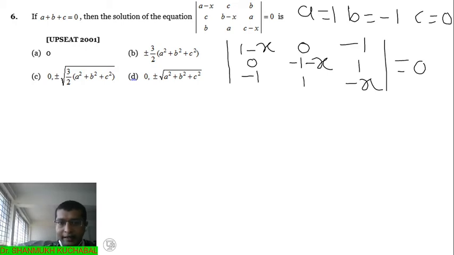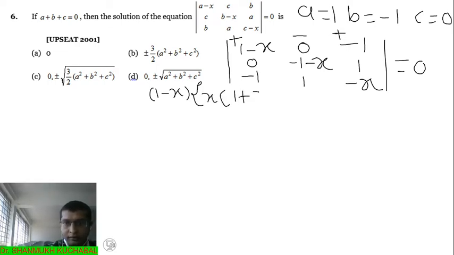Now I will assign plus minus plus. Now I expand this, so we get 1 minus x inside a flower bracket, x into 1 plus x minus 1, then minus 0, no need to write that.